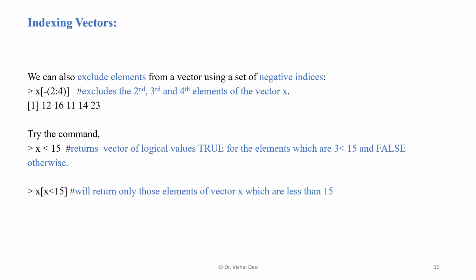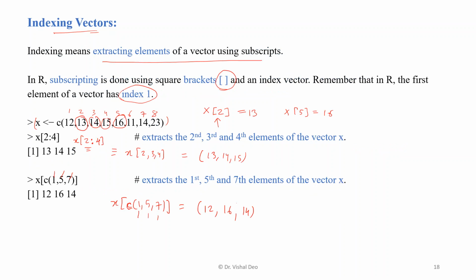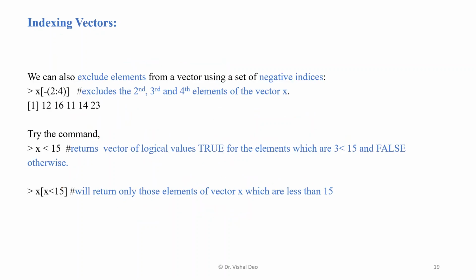And some more ideas are there. Suppose instead of extracting, you want to exclude certain elements. Before that, we were including certain elements. We were saying that we want to include the first, fifth, and seventh elements in the vector. Now if you want to exclude certain elements from a vector, you can use a negative sign for that. We call them negative indices.